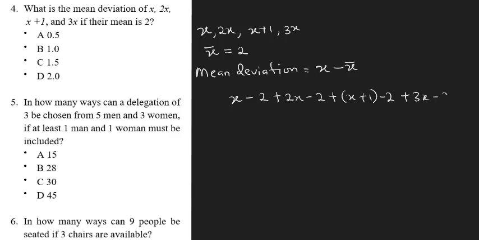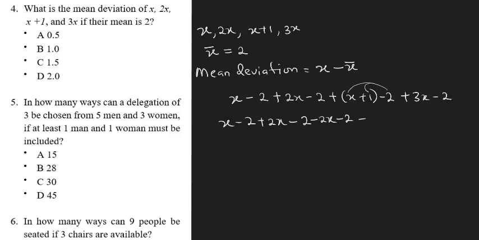3x minus 2 also. So in this case we have x minus 2 plus 2x minus 2 plus the bracket. Now this minus will open this bracket up. It multiplies by this x and it will multiply by this 1. So minus 2 times x, of course, is going to be minus 2x. Then minus 2 times 1 is minus 2.